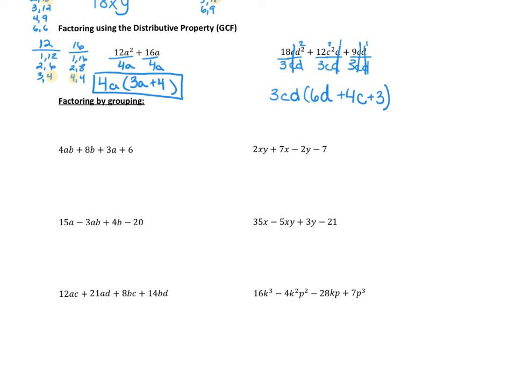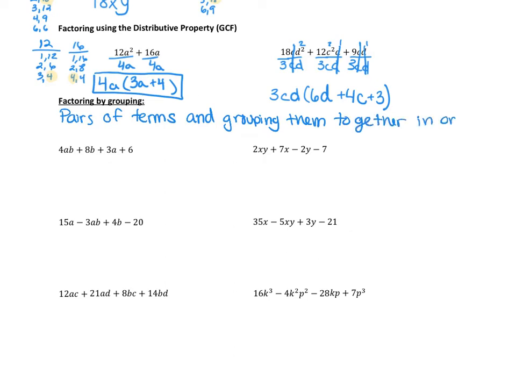So when we're factoring by grouping, we are taking pairs of terms and grouping them together in order to factor. So anytime we have 4 terms, we're going to do something called factoring by grouping.